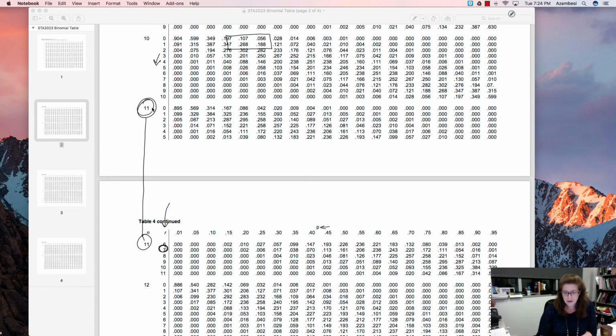Here we said the probability of a success is 0.5, so here is my 0.5, and where those two things intersect is my probability value. So the probability of 7 is equal to 0.161. Now the probability table will only give you 3 digits, and that's all your homework will need.